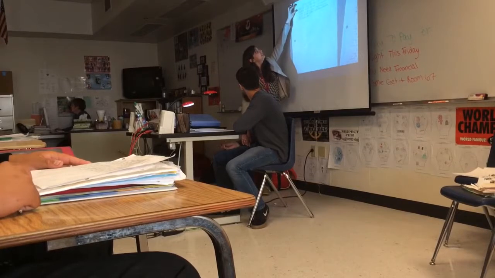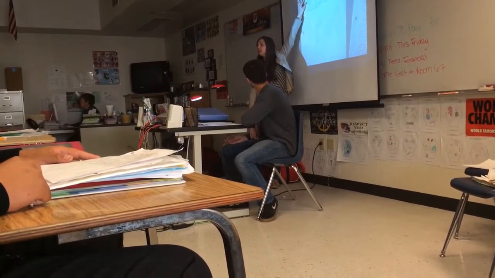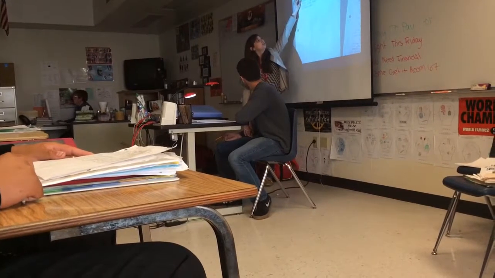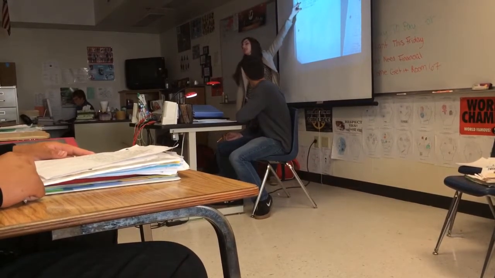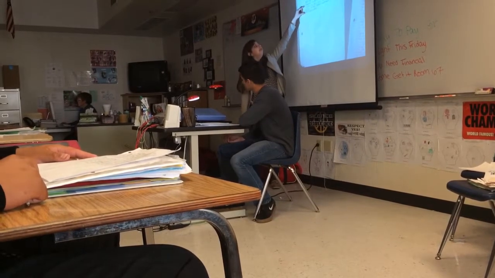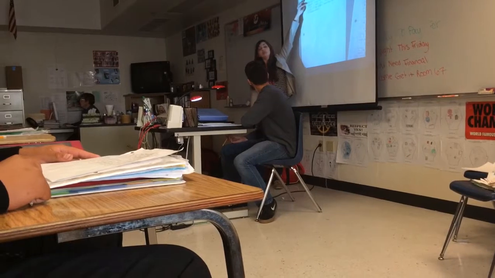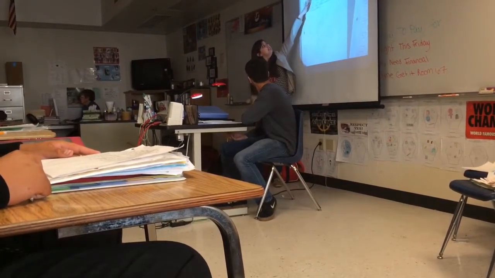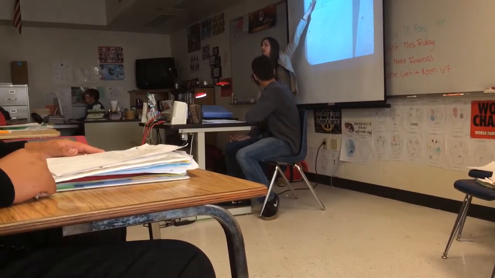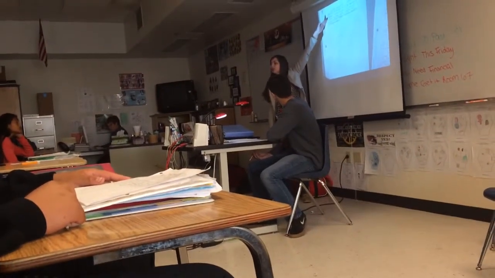So if he puts this as the first sentence in his introduction, what does he not need to do in his thesis statement? Put the author and the book title in it. So if he keeps this and makes it just one sentence, he already has his first sentence of his introduction.